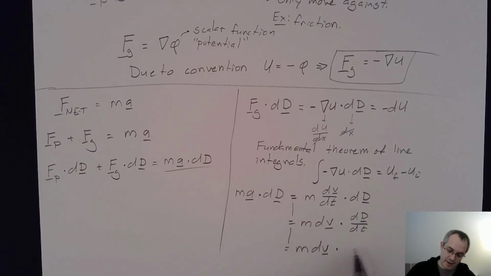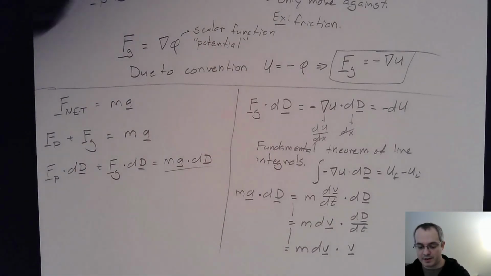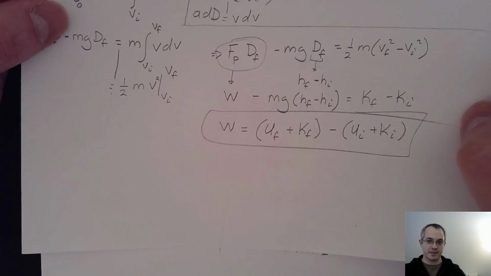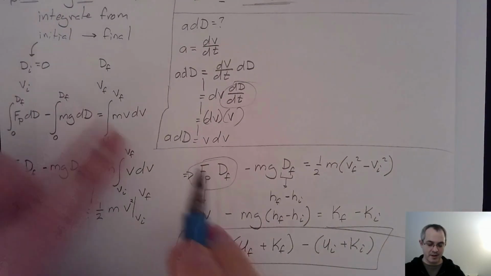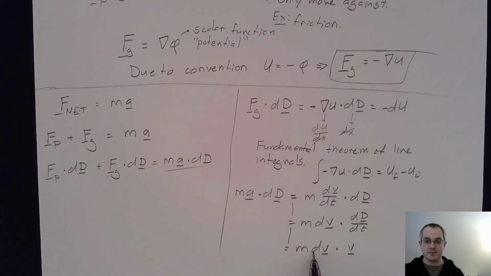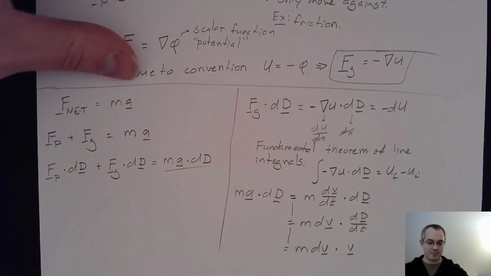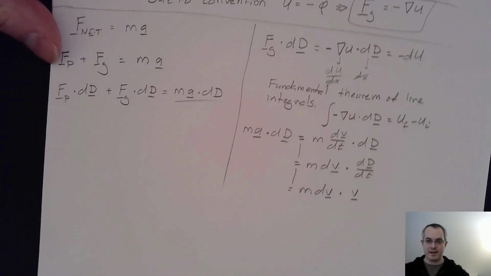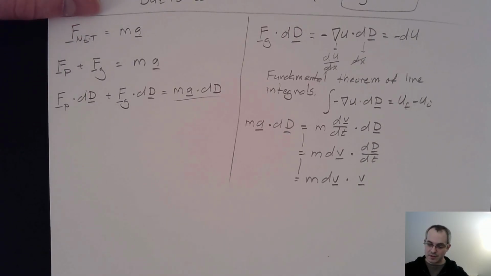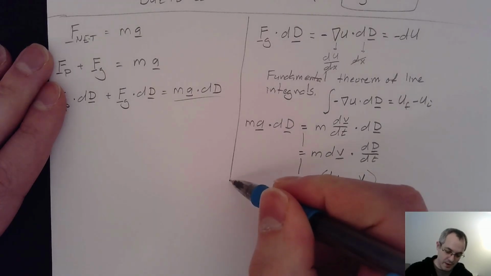And then we're going to write it as v. So it looks an awful lot like what we had on the previous derivation, right? Let's try to remind ourselves what we had there. On the previous one, we had v times dv. Well, here we also have v times dv, but it's the dot product, right? So we have to actually do a little bit more work because it's the dot product. We can't just throw ourselves right in there and have a go at it. So let's look and see what we can do with this dv dot v situation here.